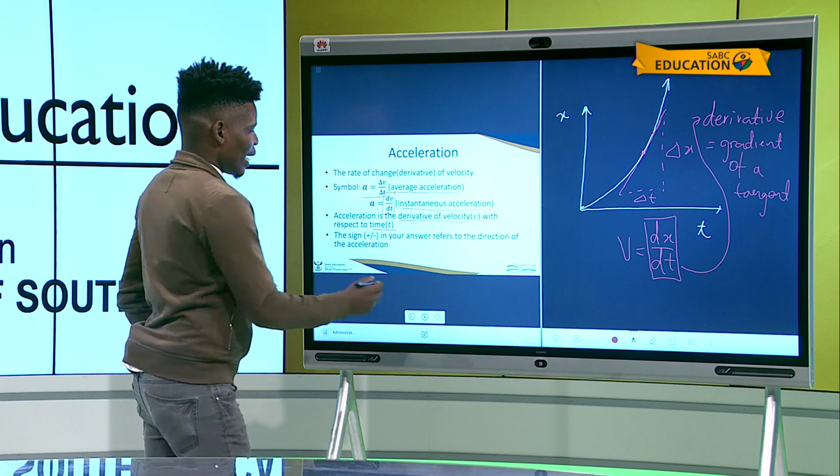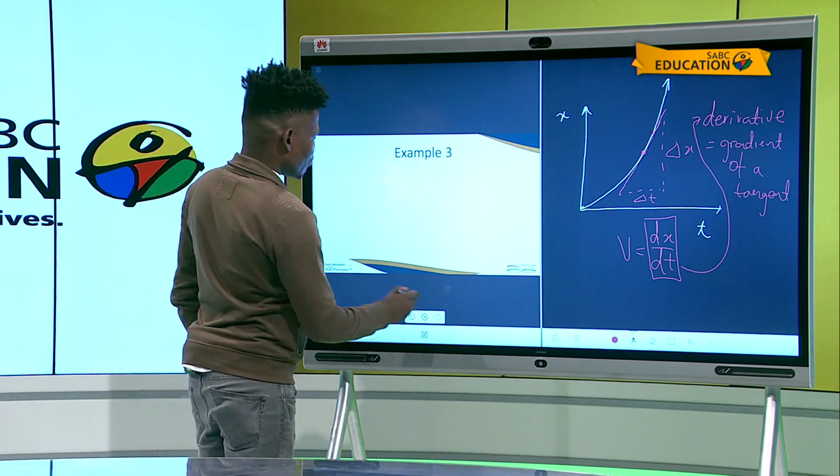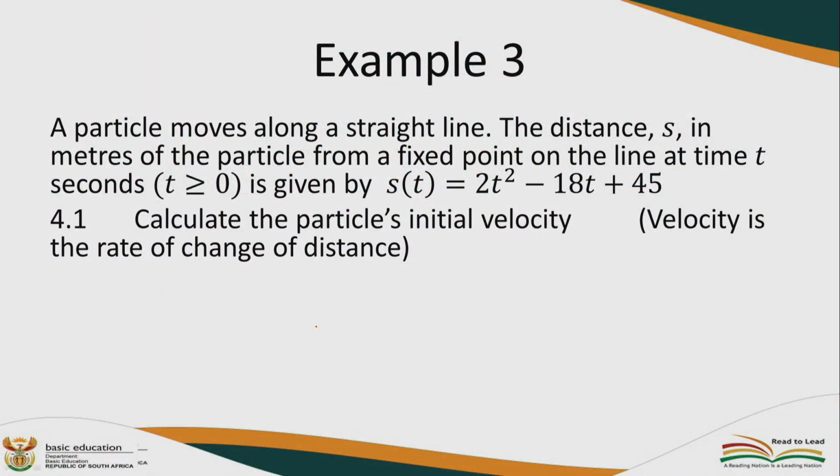Now let us look at an example. All right, so we are told that a particle moves along a straight line. The distance s in meters of the particle from a fixed point on the line at time t is given by that expression. So they've basically given us an expression of distance.